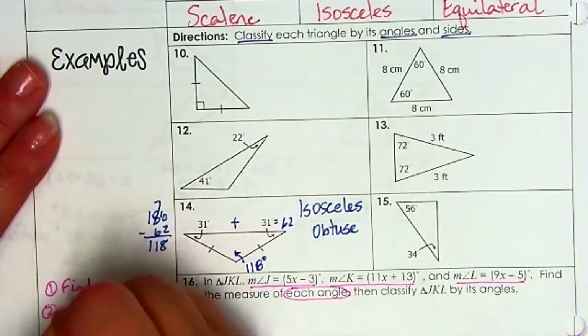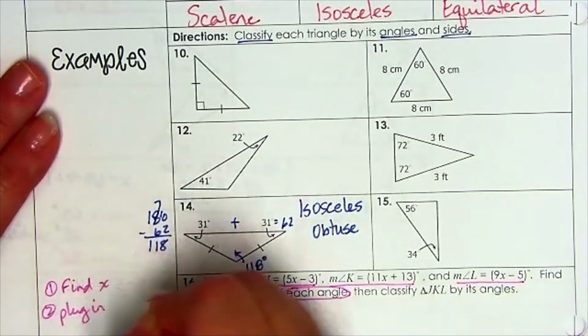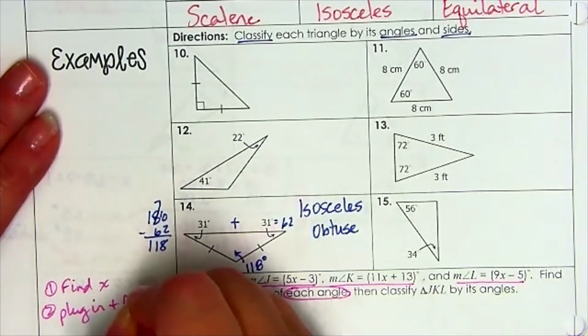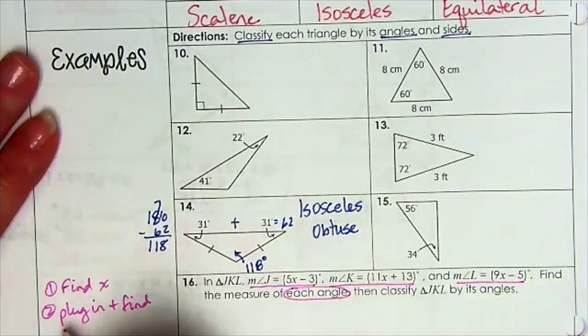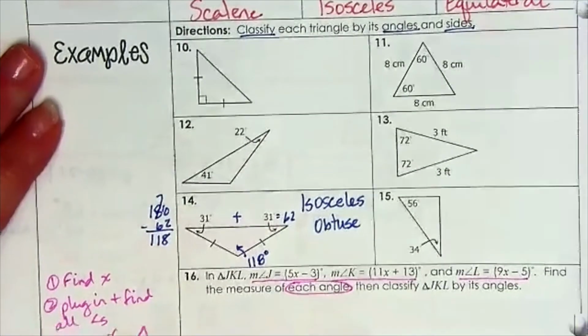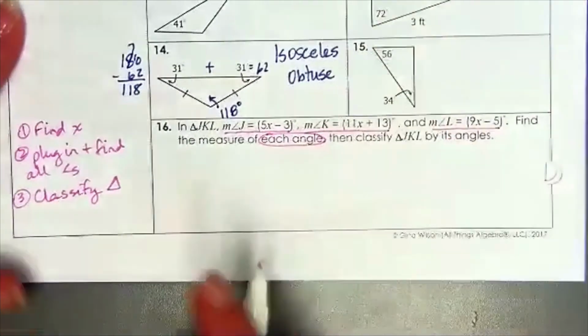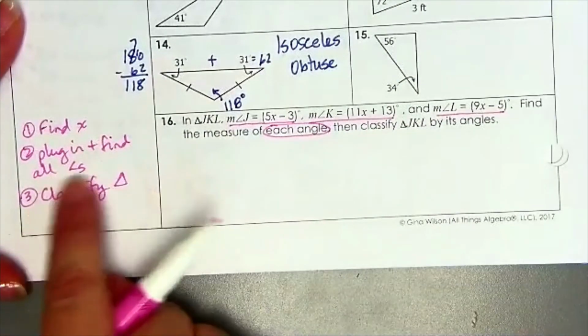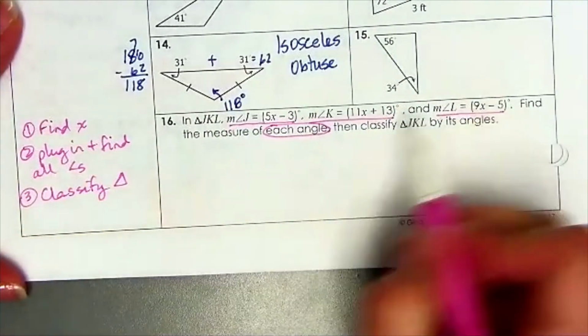Second step, plug in and find all angles. Third step is to classify the triangle. So there's my game plan.